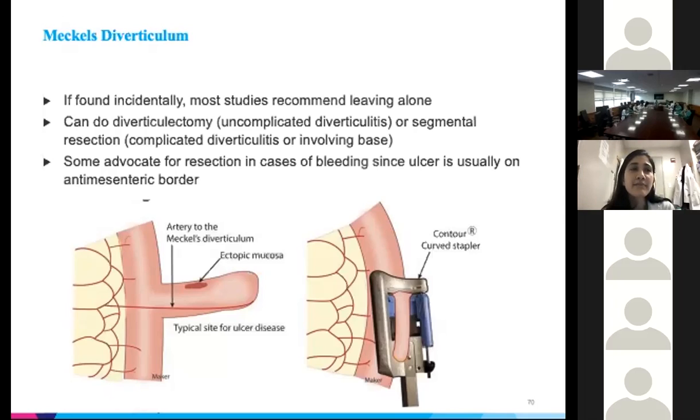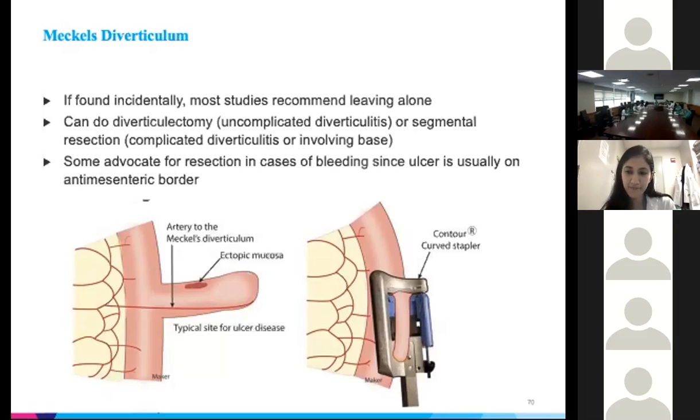For asymptomatic patients, you're exploring a patient for some other issue, and you find a Meckel's diverticulum. Patient's 42 years old. Anybody, and you will encounter this.